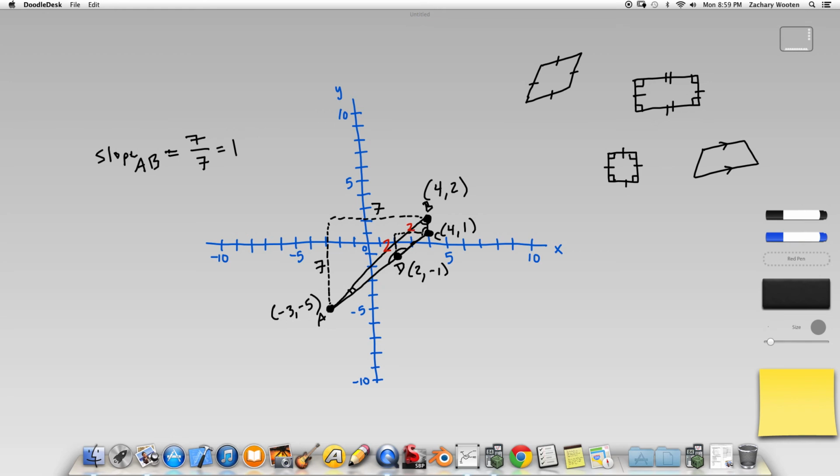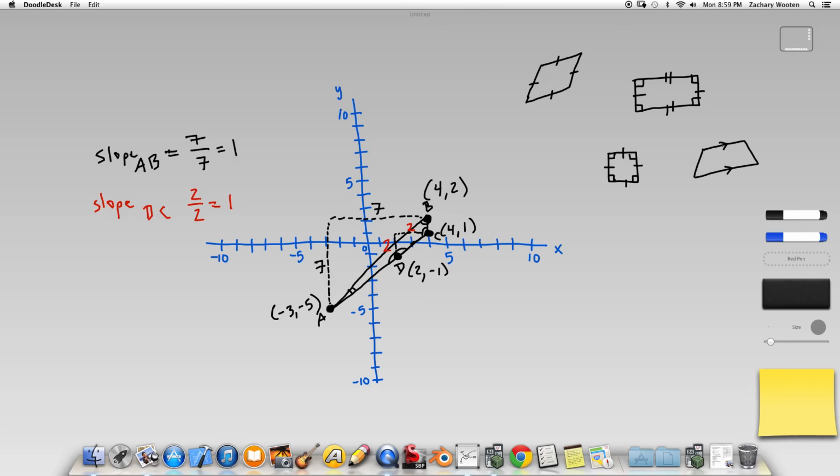Now we didn't go up the same amount and over the same amount compared to here, like we didn't go up 7 and over 7 again. But if we look at the slope from D to C, we're going up 2 and over 2, which is once again 1. Since these have the same slope, anytime you have two lines with the same slope, they are parallel lines. So we know that these two lines, AB and DC, are parallel with each other.